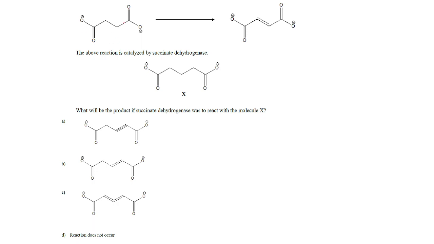So it is asking, if this is succinate, catalyzed by succinate dehydrogenase, it dehydrogenates these two hydrogens, and then it will form this double bond. So what will be the reaction if this succinate dehydrogenase reacts with this X molecule?